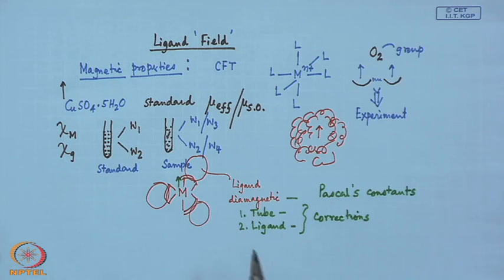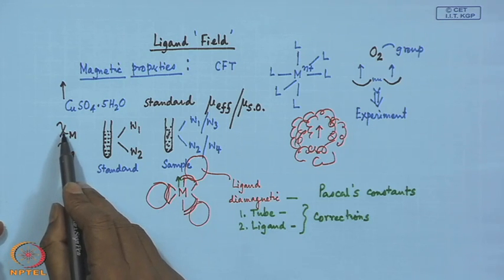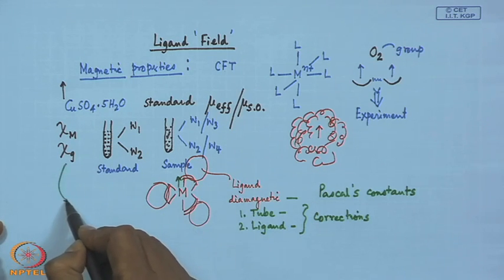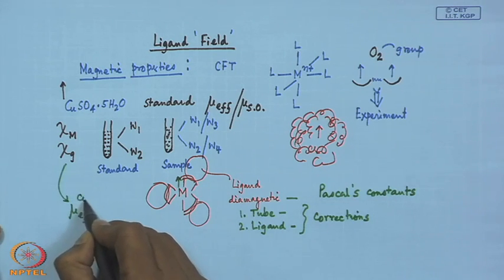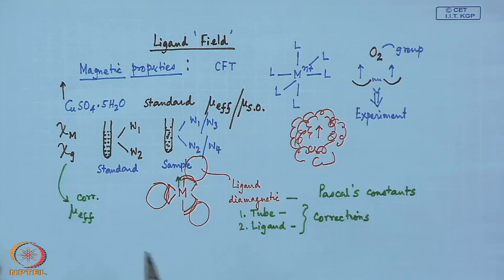Those Pascal's constants are used to get the corresponding corrected chi m and chi g value to determine the corresponding mu effective value, which after this correction is known as the mu effective corrected one.